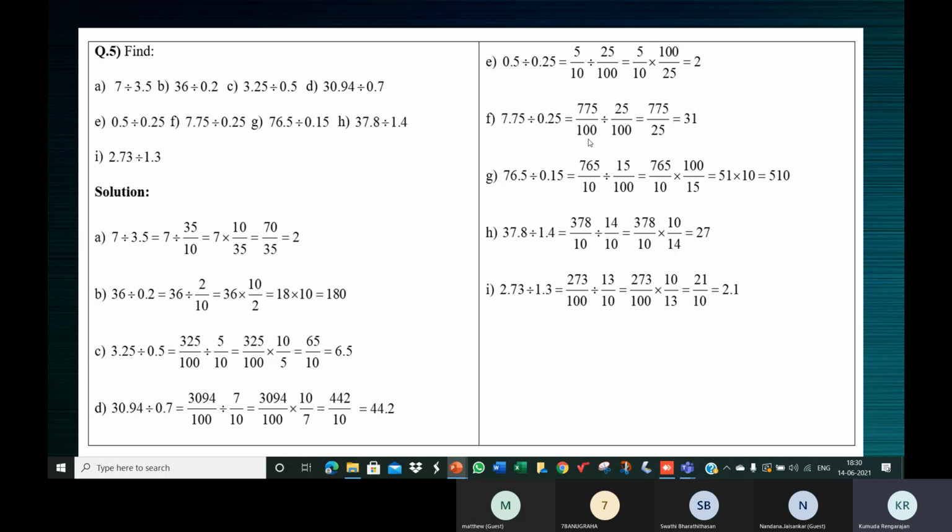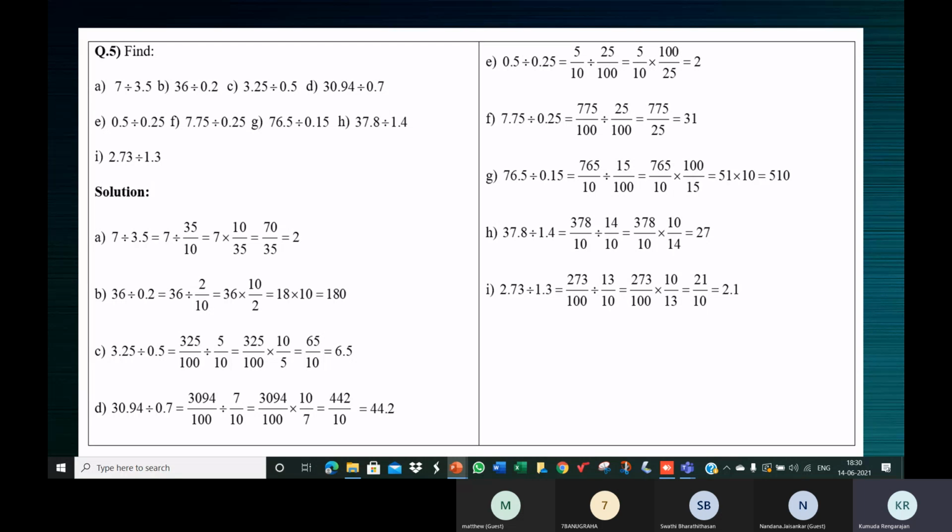So 775 by 100. I was telling you that when you have to divide a decimal by another decimal, we first convert the decimals to fractions. So 775 by 100 divided by 25 by 100. That's the first step. Then what's the missing step? Tell me. Ma'am, the reciprocal form, the 100 by 25 had to be written. Yeah, into 100 by 25.